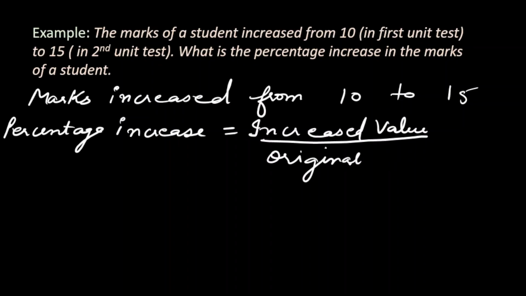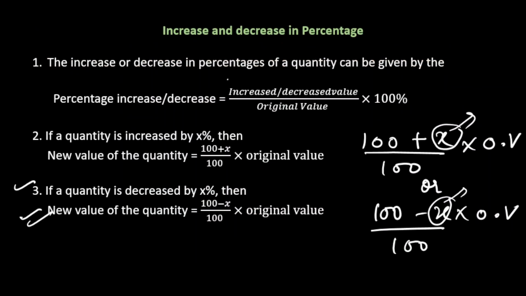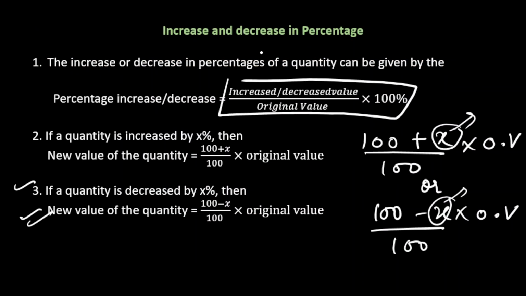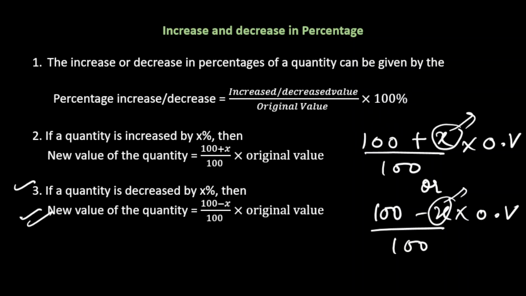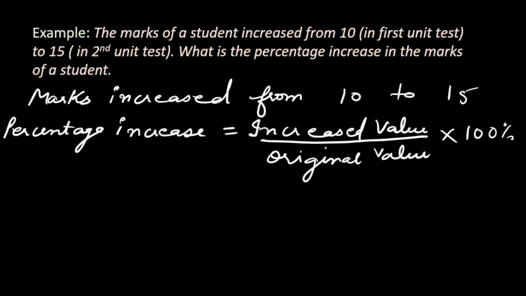Original means the initial value, the value at the starting. If there is an increase or decrease, this is the formula: increased value or decreased value divided by original value into 100%.